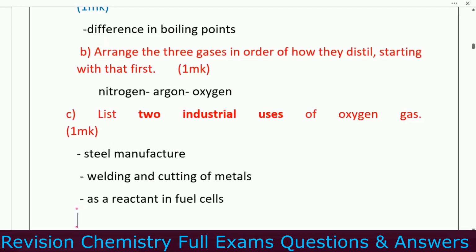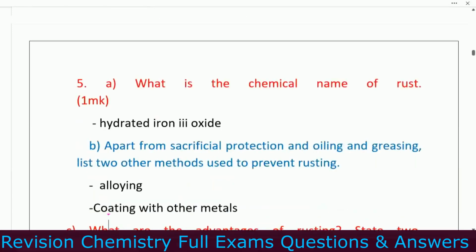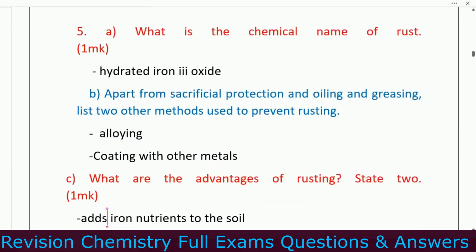Go to the next question, that is number 5. You're told, what is the chemical name of rust? Hydrated iron 3 oxide. Next, apart from sacrificial protection and oiling and greasing, name 2 other methods used to prevent rusting.